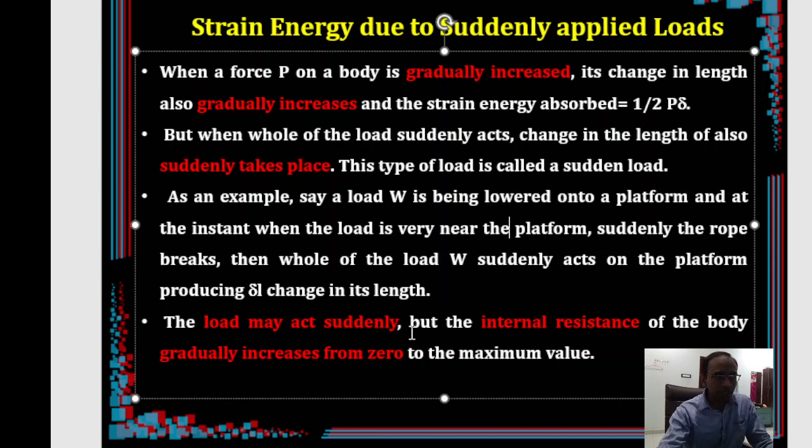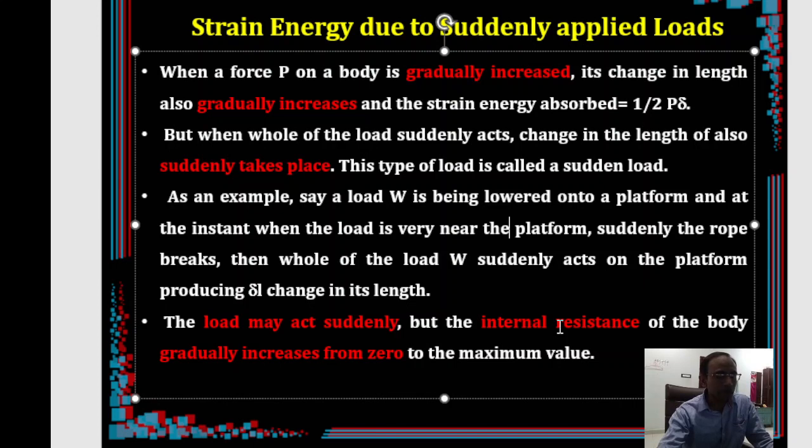So the load may act suddenly. Although the displacement happens suddenly, the body is not prepared, not expecting that a sudden load will come. So the internal resistance of the body develops gradually only, just like a gradually applied load.